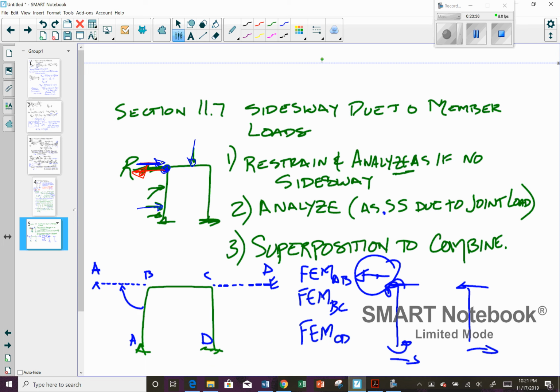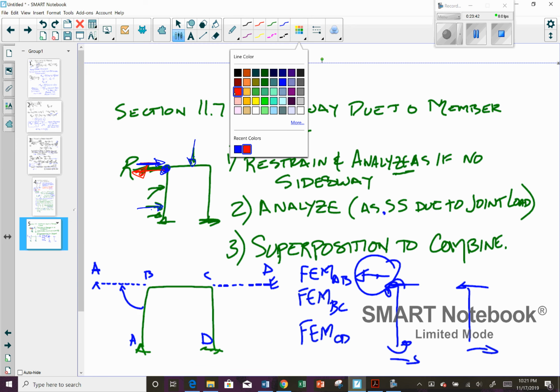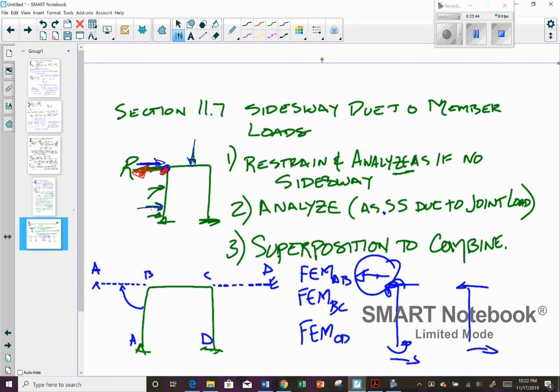This is the load that you analyzed, and then you removed that joint and asked what is the load, that reaction, that the side sway causes? And then you use superposition to combine them.